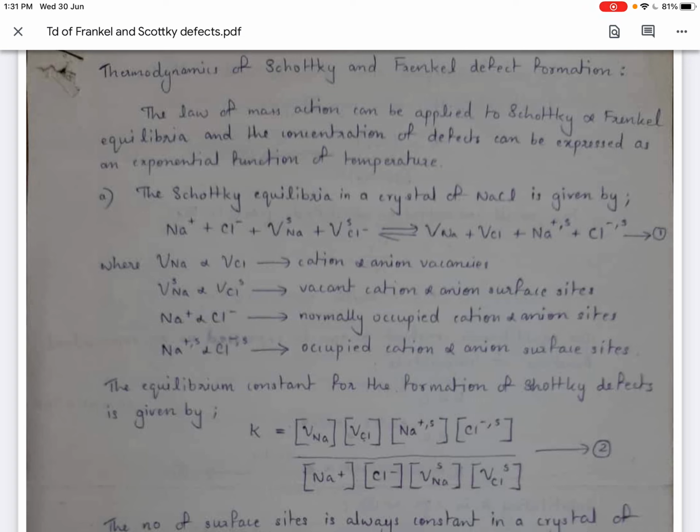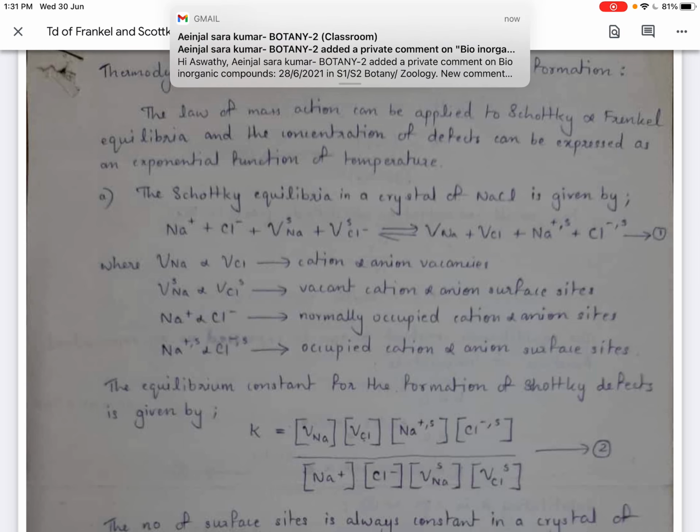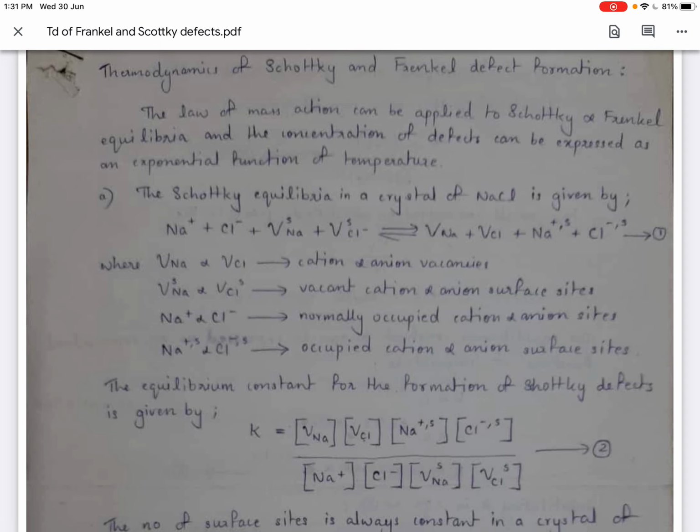The equilibrium constant for the formation of Schottky defects is given by K = [V(Na)][V(Cl)][Na+(S)][Cl-(S)] / [Na+][Cl-][VS(Na)][VS(Cl)].